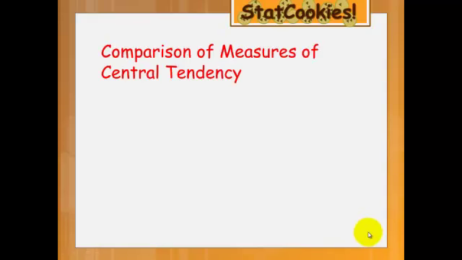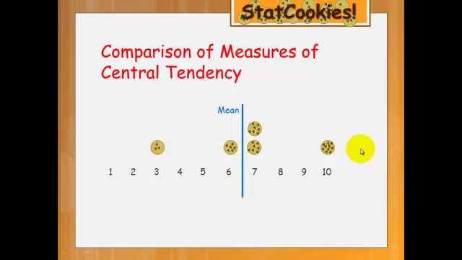So let's compare these measures of central tendency, again using our cookie examples. When we collect the same sample that we've been using of 5 cookies and array them against a number line, we can see that our mean value at 6.6 doesn't actually touch any of the cookies, but tells us the mean number of chocolate chips per cookie.